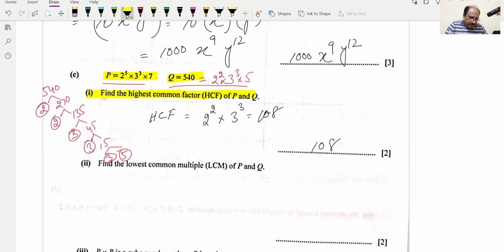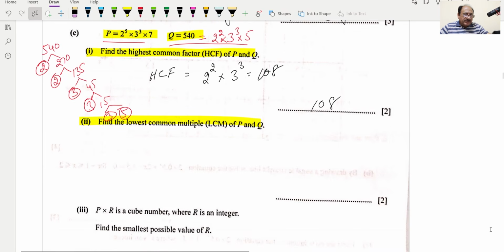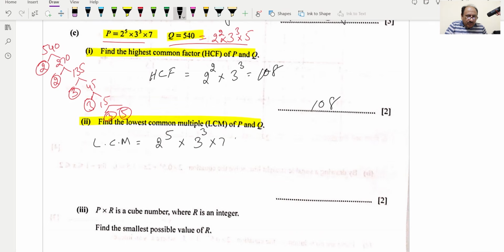Now the next step is to find the least common multiple, LCM of P and Q. For LCM we are taking the maximum powers between these two. Maximum will be 2 raised to the power 5, and the maximum of 3 is 3 raised to the power 3, and 7 also we have to take, and 5 also we have to take.